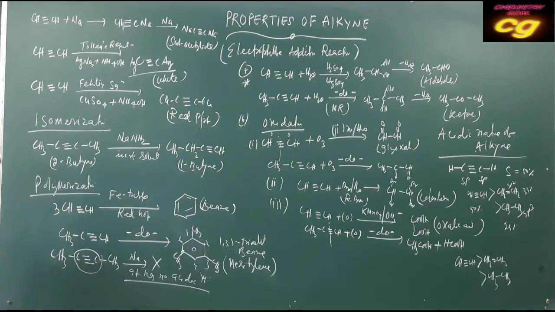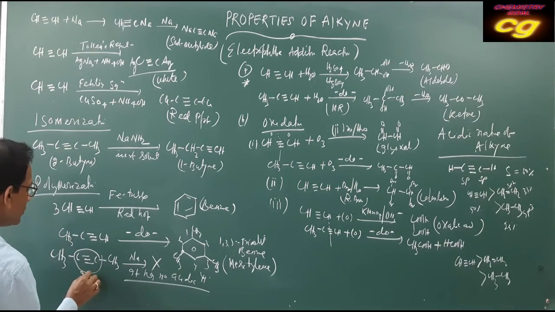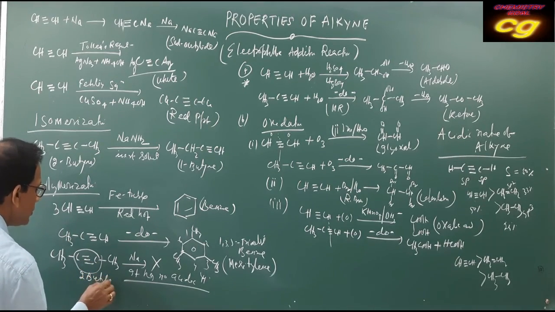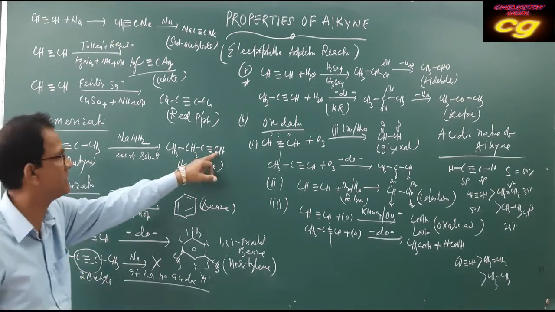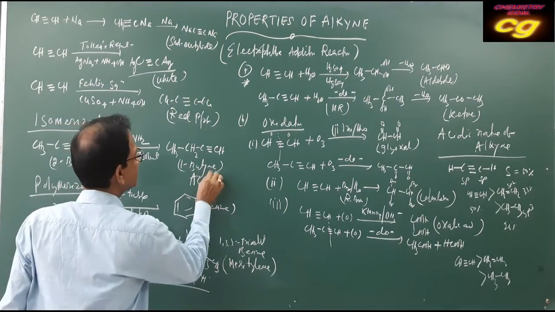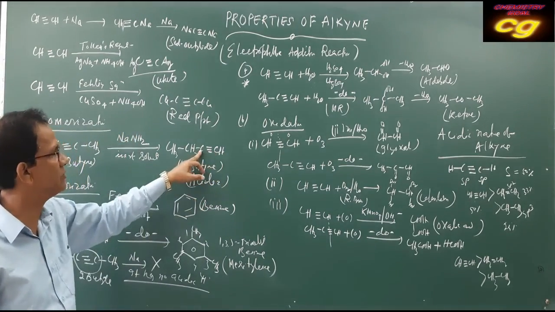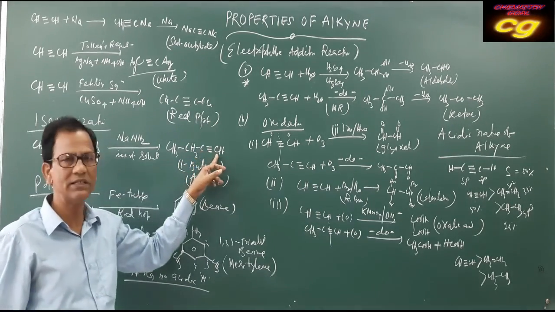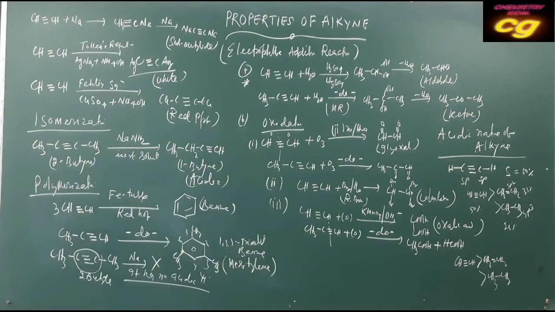That's why this, 2-butyne, is not acidic, but 1-butyne is acidic because it has acidic hydrogen. This carbon has no acidic hydrogen, but this carbon has acidic hydrogen. That's why you have to see the nature of alkyne. Okay, you practice. These are very important reactions of alkyne. Okay, thank you all.